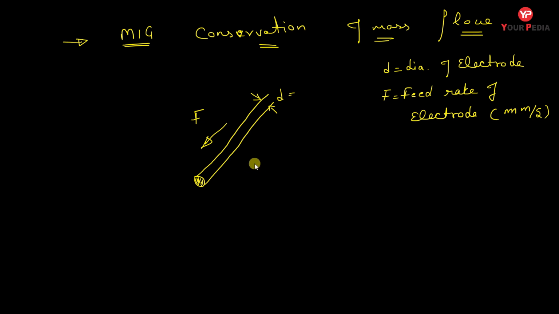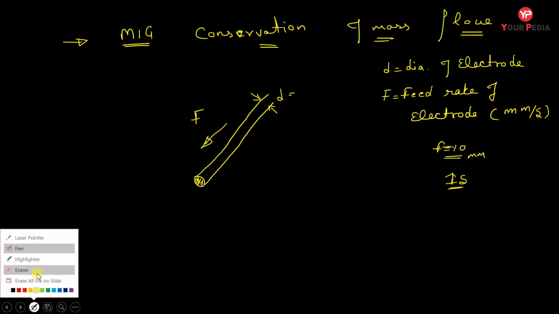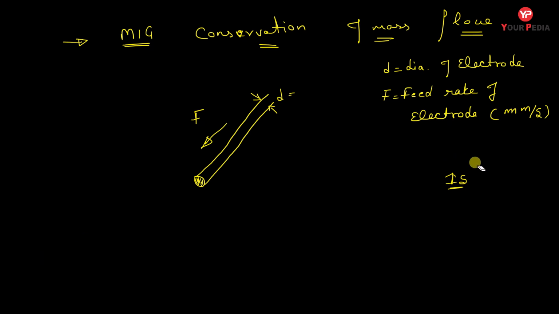For example, if the feed rate is 10, that means in 1 second 10 mm of electrode is melted. This is the meaning of this. We have understood all these concepts.